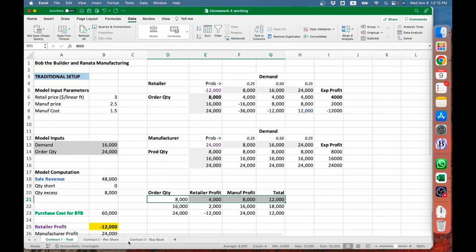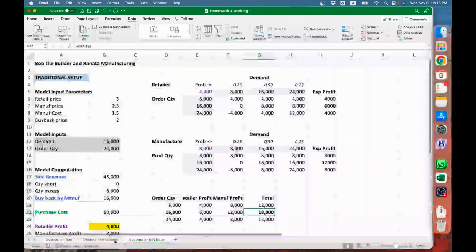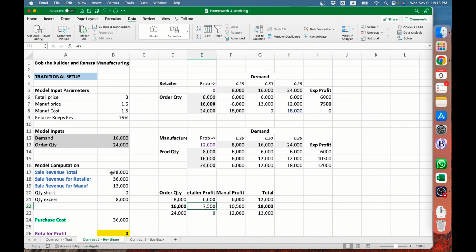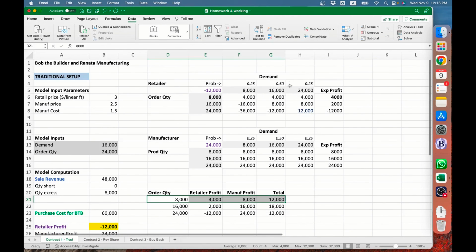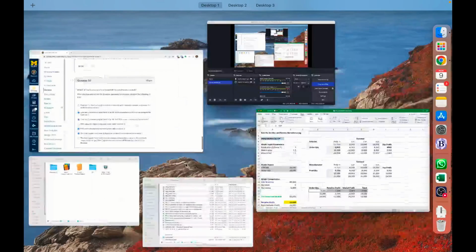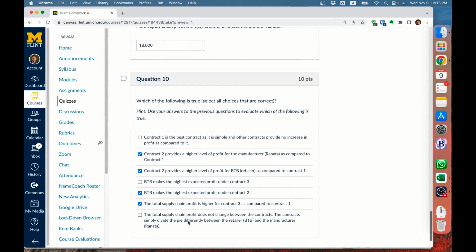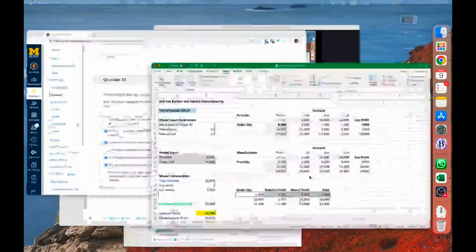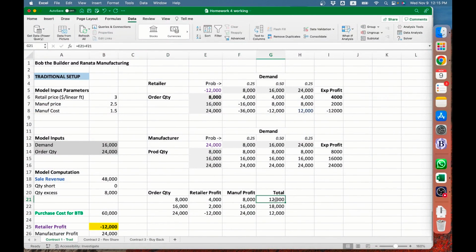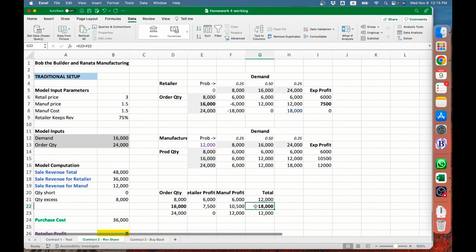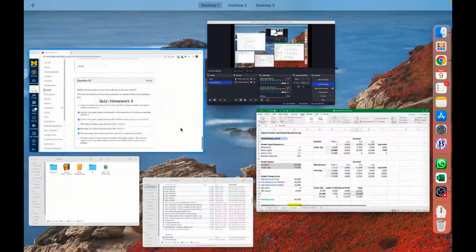When that cost is shared either through revenue sharing or buyback, revenue sharing with a lower purchase price for the retailer, the retailer moves to the optimal quantity for the whole supply chain and ends up making more profit, and the manufacturer makes more profit. So the pie is being expanded by the choice of the contract. It's not that the pie stays the same. It's not that you're only splitting up this 12,000 supply chain profit in various ways. You are actually expanding the pie from 12,000 to 18,000 and then also splitting it up.